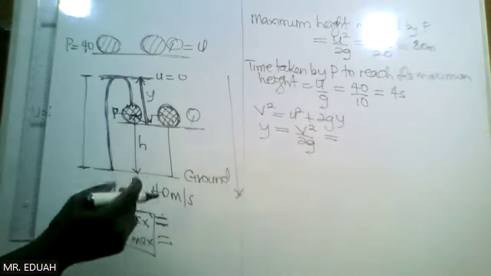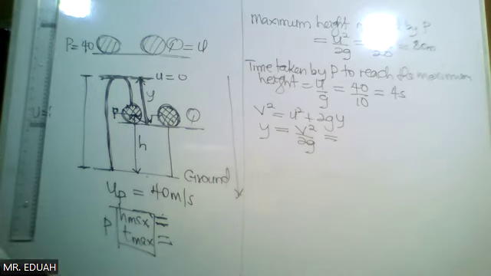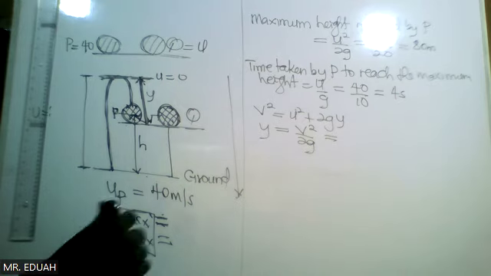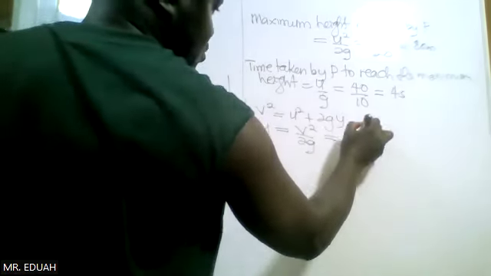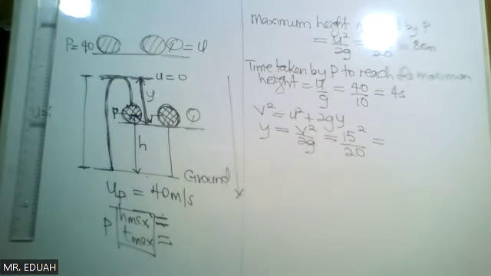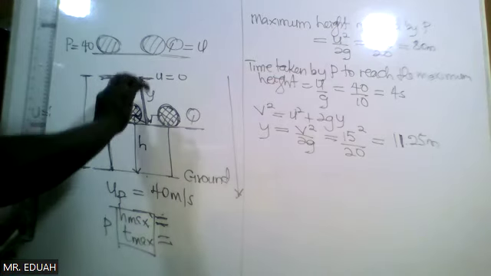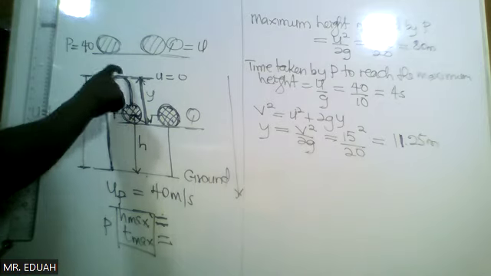At the point of crossing, the velocity of P we are told is 15, so 15 squared over 20. 15 squared is 225, so 225 divided by 20 is 11.25. So when P crosses with Q, it has traveled 11.25 meters from the maximum height.